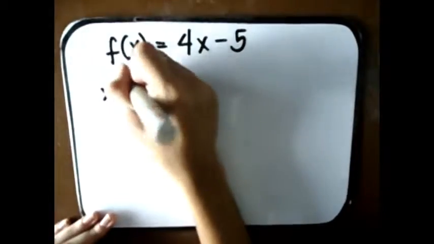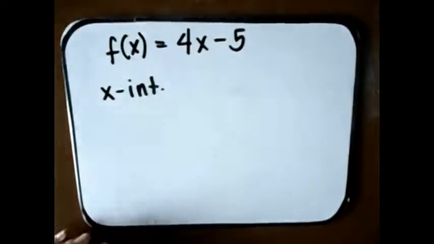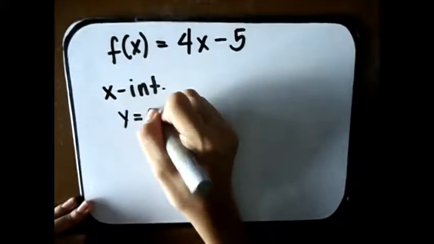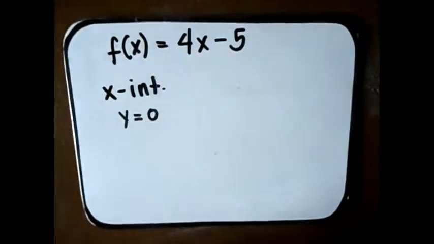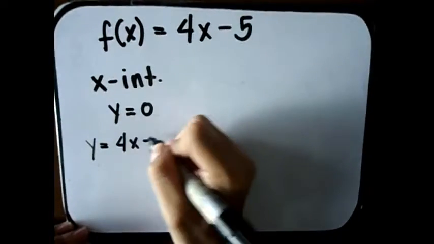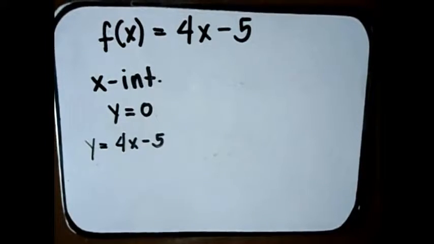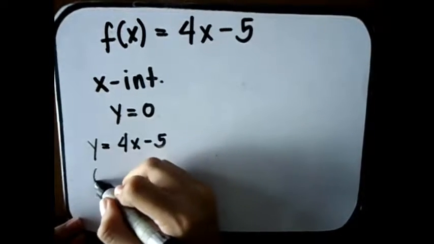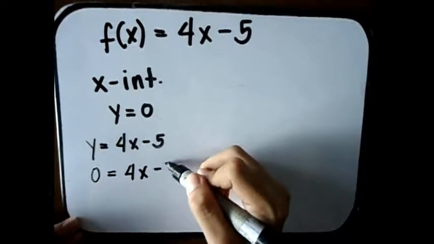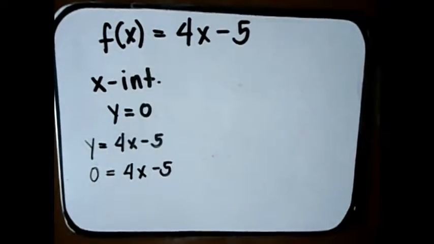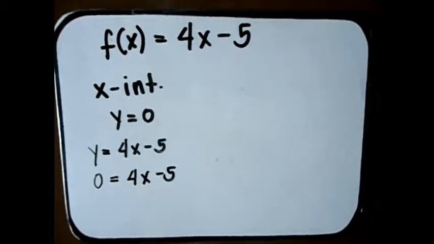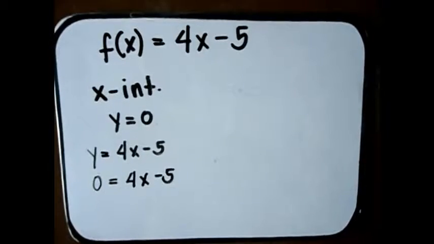To solve for the x-intercept, y must be equal to 0. y is equal to 4x minus 5. Substitute y to 0. 0 is equal to 4x minus 5. Now that it is equated to 0, solve for x.